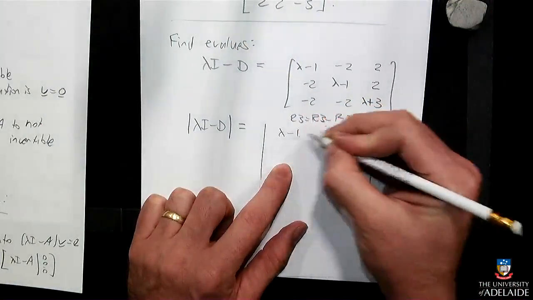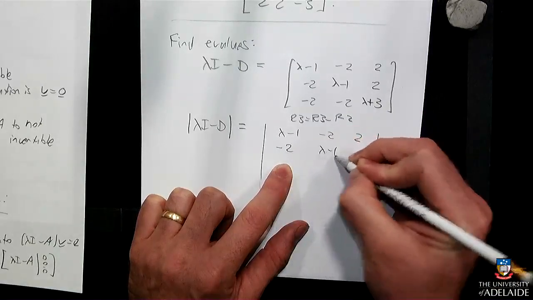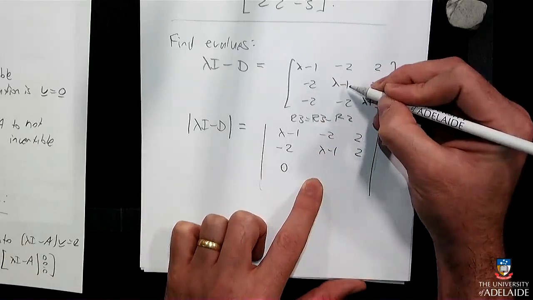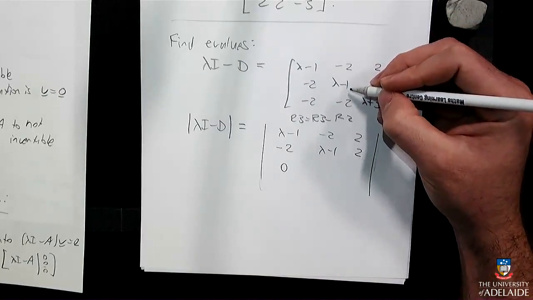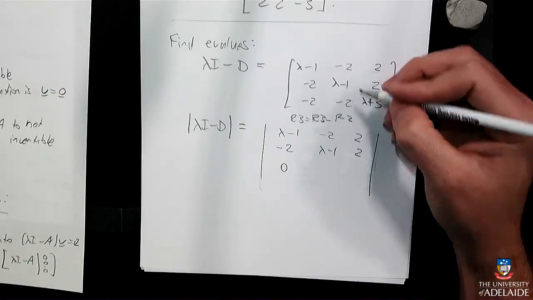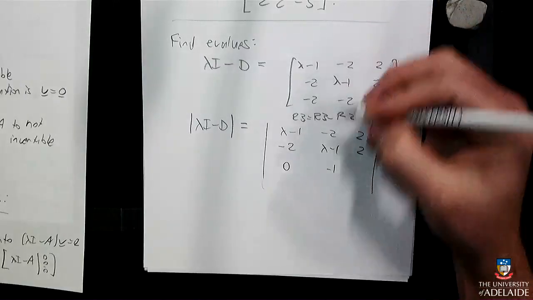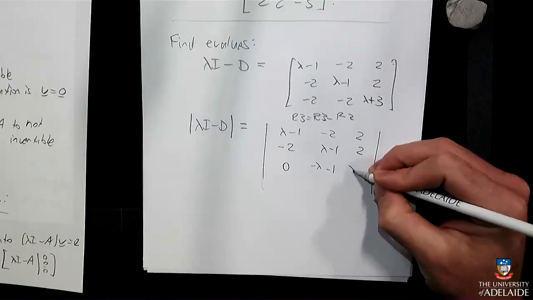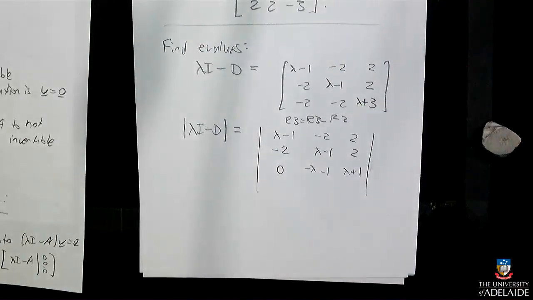I didn't change row 1, and I didn't change row 2, and this minus that is 0, and this minus that, minus 2 minus minus 1 would be minus 2 plus 1, which is minus 1, and then minus lambda. And this minus that would be plus 1. That's great. It's looking good.